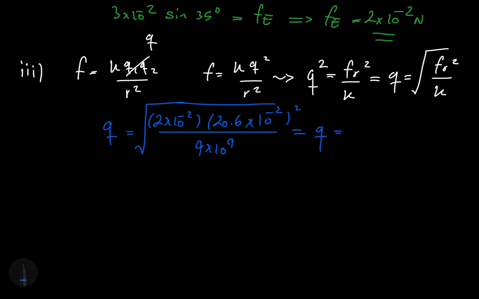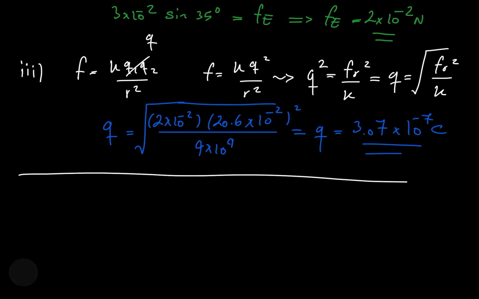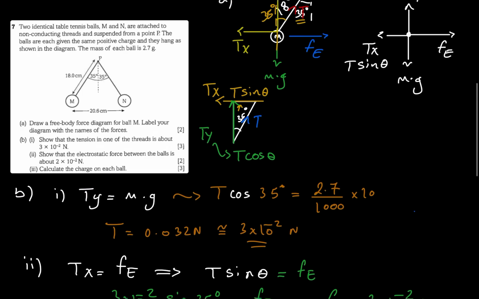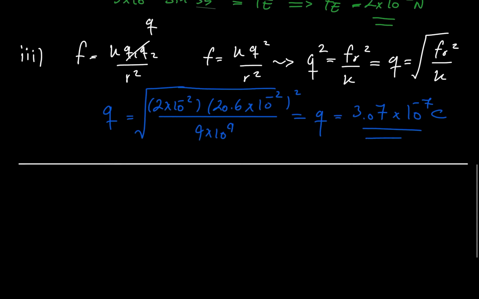The charge is somewhere around 3.07 times 10 to the power of negative 7 coulombs. That's going to be the rough value of the charge. So as you can see, this is how you can do a question that involves vectors at the A-level sort of question level, and also IB.